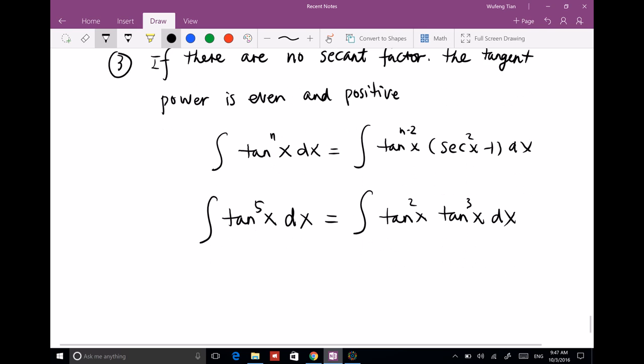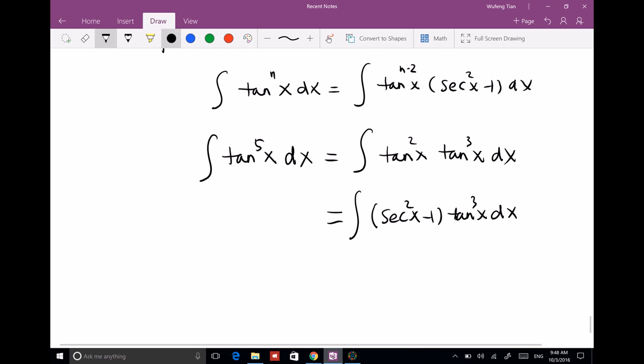The reason I do that is because I can reduce the power here. So tangent x squared can change into secant x squared minus 1, times tangent x cubed dx. You can continue here: these two as secant x squared tangent x cubed dx, and minus tangent x cubed dx.